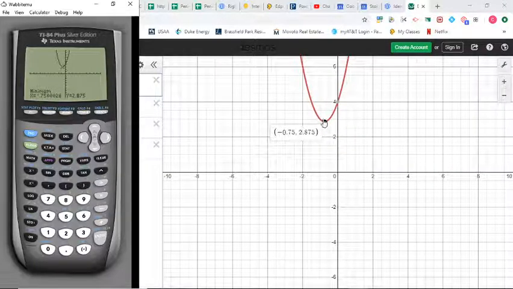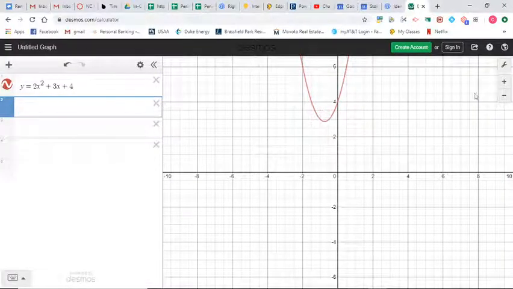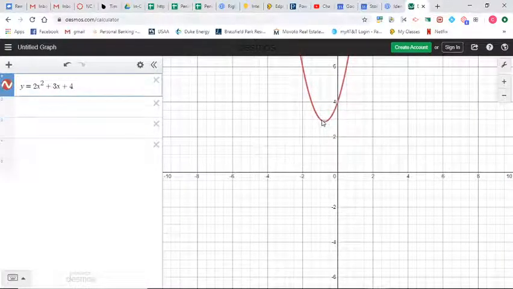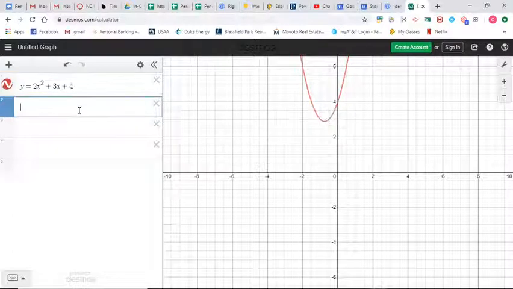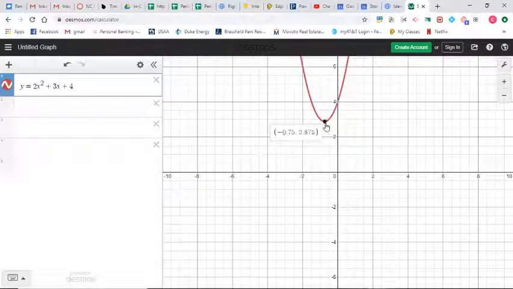Unfortunately, this is where your graphing calculator is kind of limited. You won't be able to do this on your graphing calculator. So I'm going to show you how to do this on Desmos. It's all about that minimum point, you guys. I want to know, are they the x values to the left or to the right of that minimum point that makes my graph increase or decrease?